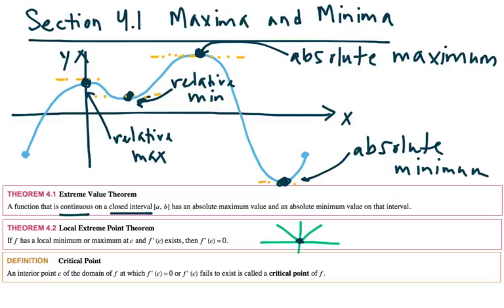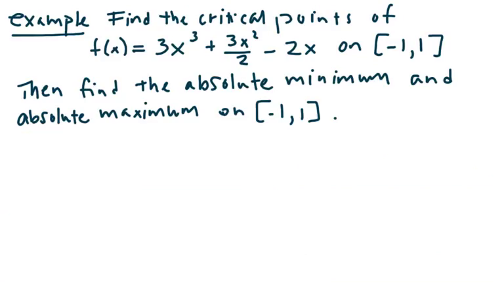Alright, let's see an example. Suppose we have the function f of x equal to 3x cubed plus 3x squared over 2 minus 2x, and we're given a specific interval, minus 1 to 1. So we want to find the critical points of this function, then we want to find the absolute min and max.